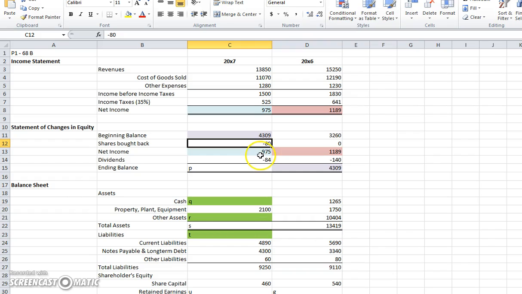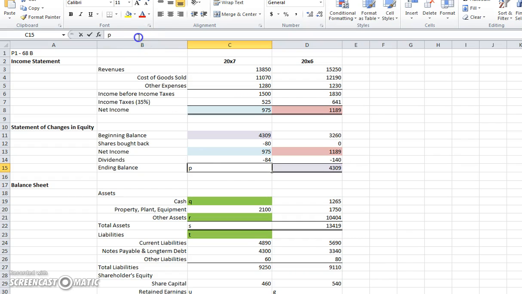And plus now there's net income. And then there's dividends of minus 84. So money left the company that way. So let me just see how we can calculate this. All right, let's just take care of this.